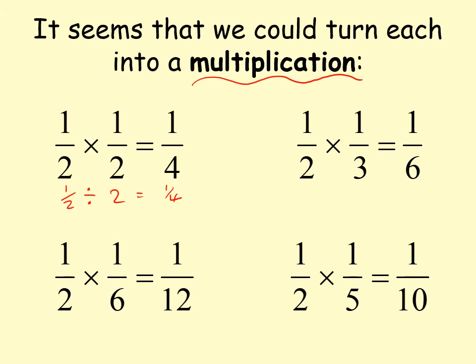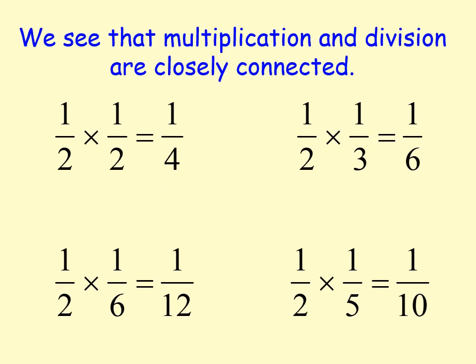We've done the 2 multiplied by the 2 to give us 4. Hopefully you can see the connection between all of those. So we see that multiplication and division are very closely connected, but isn't that true when we do whole numbers anyway? We need to know our multiplication facts to be able to divide, don't we?